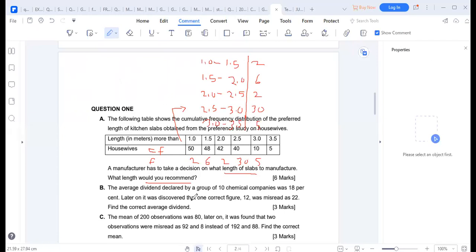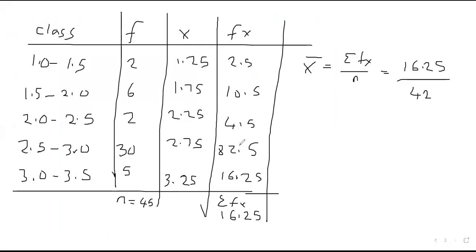The 16.25 is supposed to be 116.25? Yes, the summation is 116.25 and not 16.25. All right, thank you so much. Yeah, it's 116.25. So the mean, what is our mean when you divide by 42? What becomes our mean?